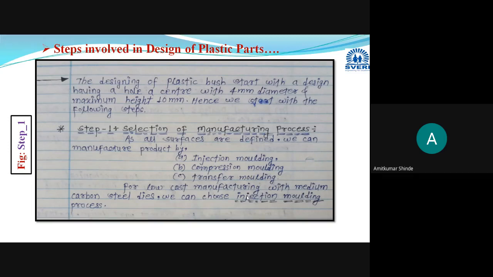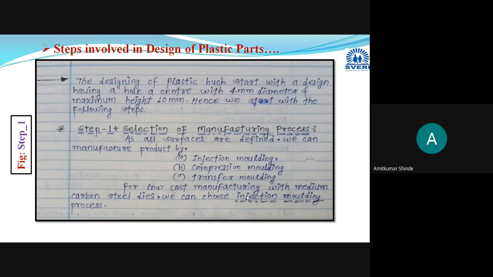Here you have to select the manufacturing process. Now, to manufacture the plastic parts, you can go for different manufacturing processes. Like you can go for injection molding to make that particular bush with the boss, then you can use compression molding, transfer molding.